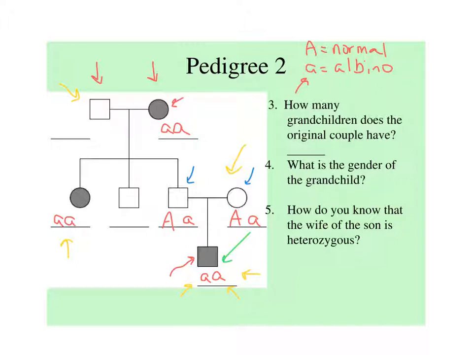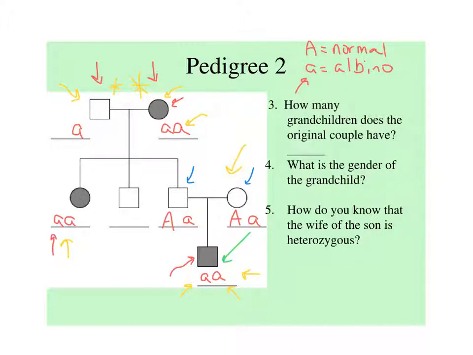Yup, she got them both from her parents, one from each parent, the circle and the square up there. Now, she got one of those little a's from her mom, this circle right there, but she had to get the other one from her dad. Therefore, we know this dad has a little a. He's got to, because he gave one of them to his daughter.